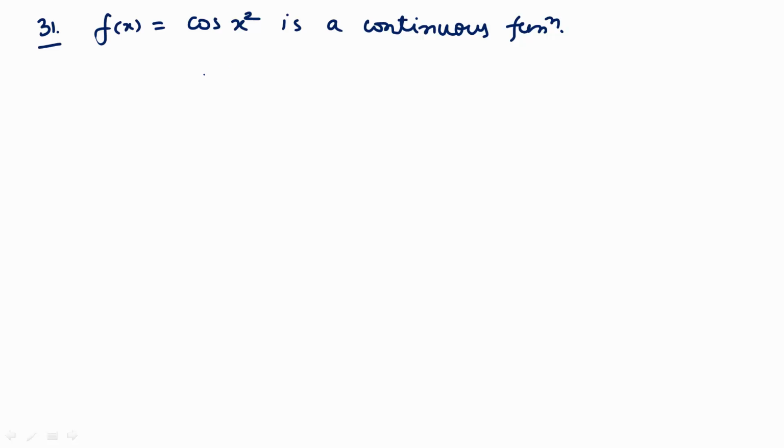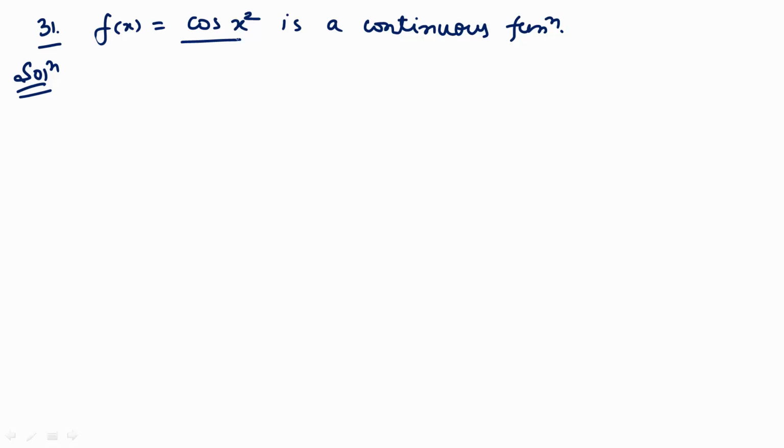The question is: show that the function defined by f(x) equals cos x square is a continuous function. So the solution is, this function means f(x) is equal to cos x square.